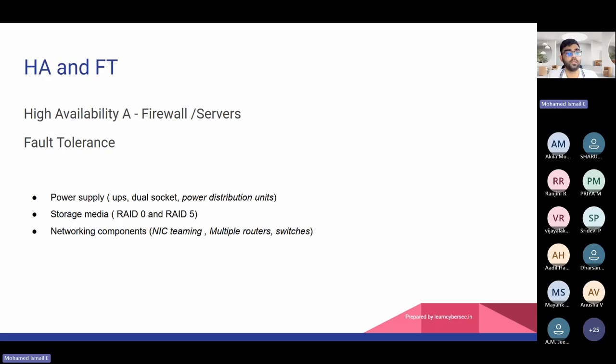Then fault tolerance: within the system itself there is fault tolerance. For example, not sure how many of you noticed, if you take any desktop PC, you might have seen two power cords at the back. In houses one is never used, but in enterprises they give two supplies to the machine, because if one supply is gone, another one will take care.